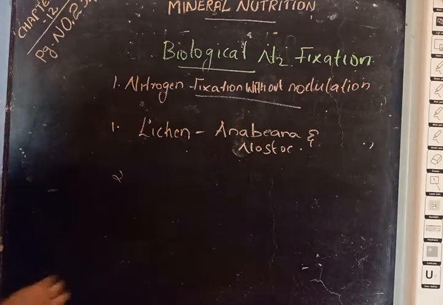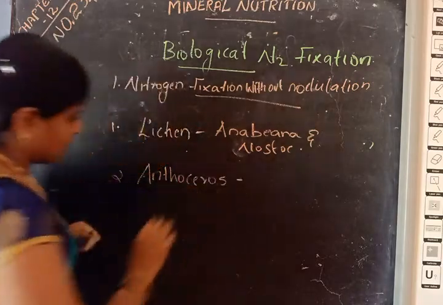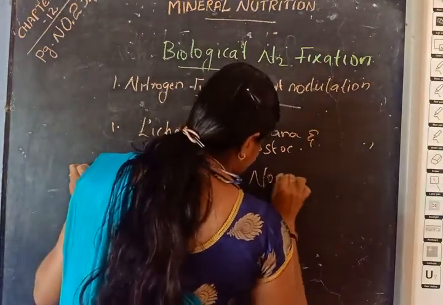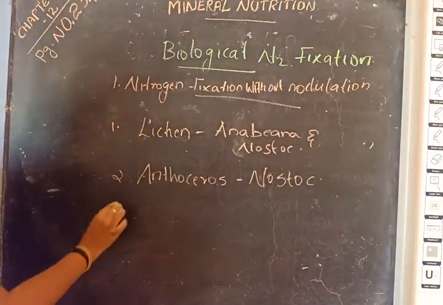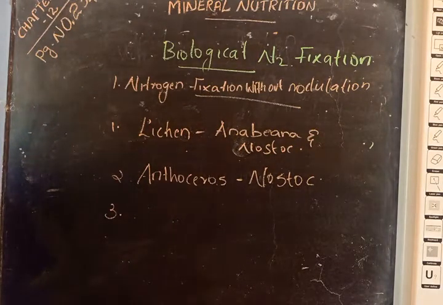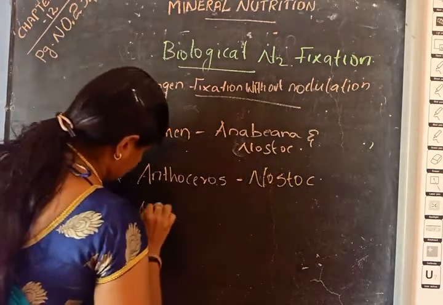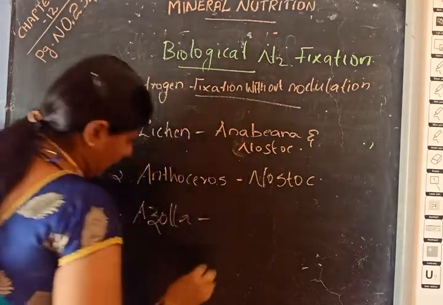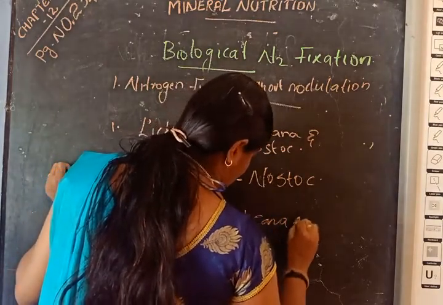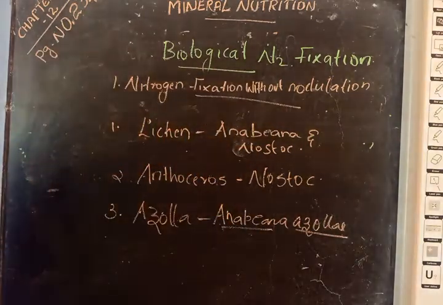Second one is Anthoceros, a bryophyte. Inside the Anthoceros, the blue-green algae or cyanobacteria called Nostoc is responsible for the fixation of atmospheric nitrogen. Third one, Azolla, is a pteridophyte containing a blue-green algae called Anabaena azollae.